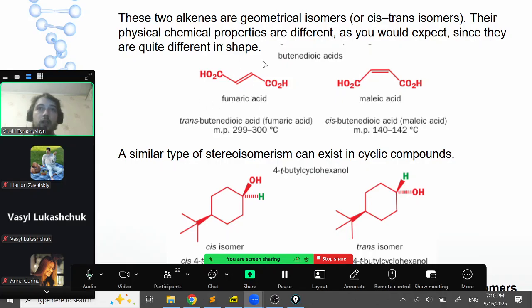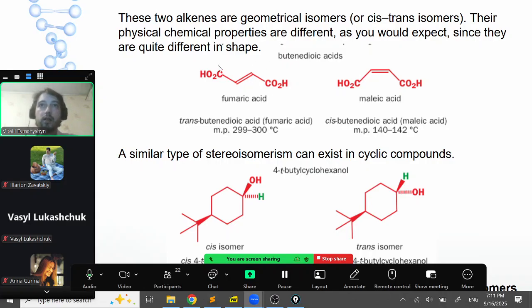So if we draw them in 3D, this double bond will not rotate, because the pi bond holds everything in place. And you saw that we need to spend some really large amount of energy to make this bond rotate. We are basically breaking this bond, rotating, and then recreating it back.